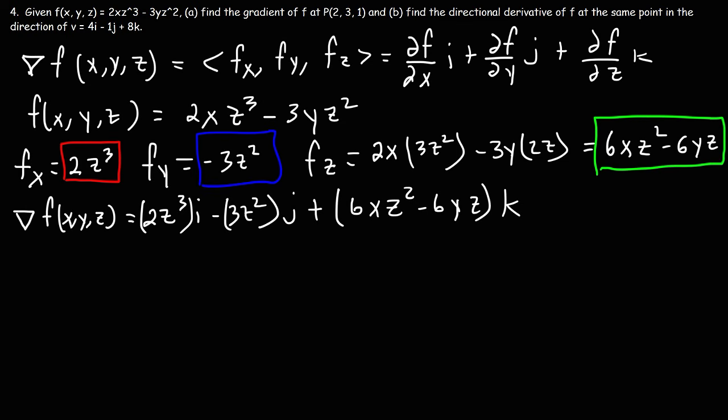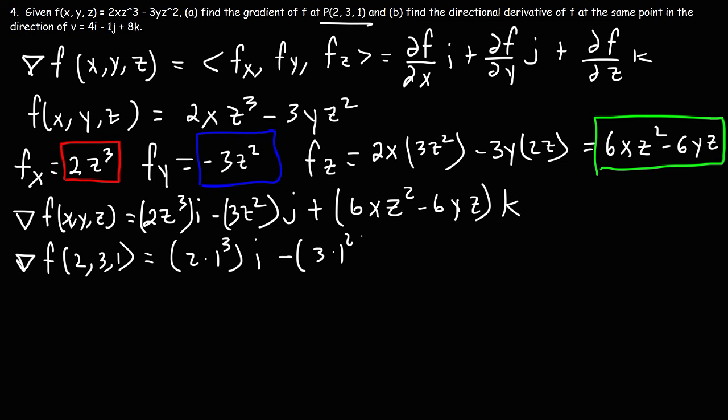So now the next thing we need to do is evaluate the gradient vector at this point. So x is 2, y is 3, z is 1. Let's go ahead and plug that in. So this is going to be 2 times 1 to the third, and then minus 3 times 1 squared, and then plus 6 times 2 times 1 squared, minus 6 times 3 times 1, times k.